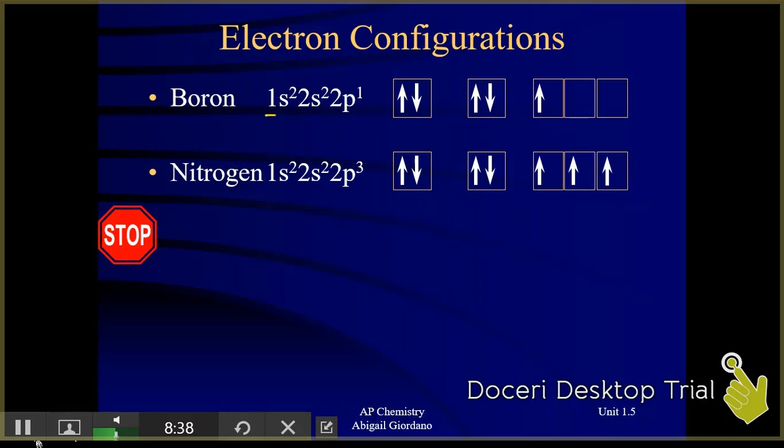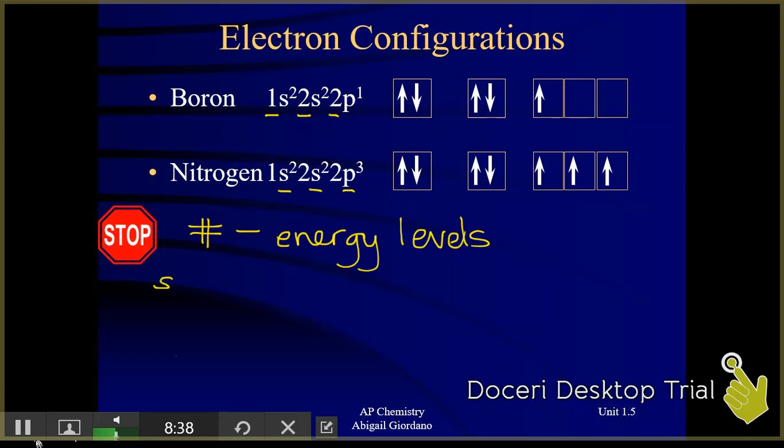All right, so the big numbers in any electron configuration represent energy levels. The letters S, P, D, F, sorry, my handwriting's messy, those represent sublevels.